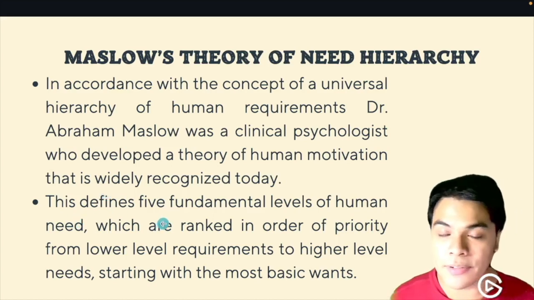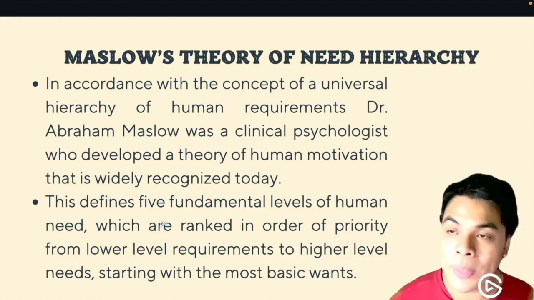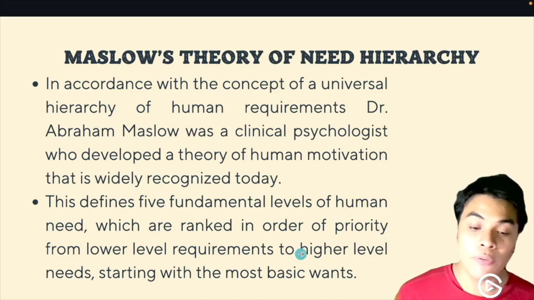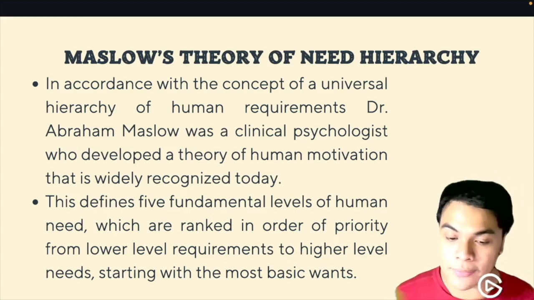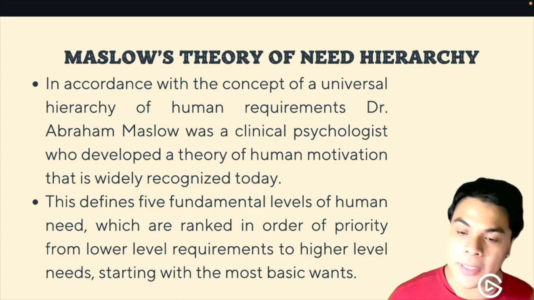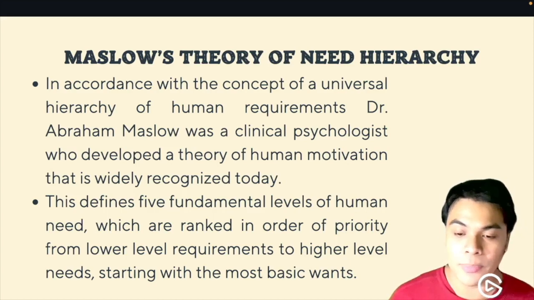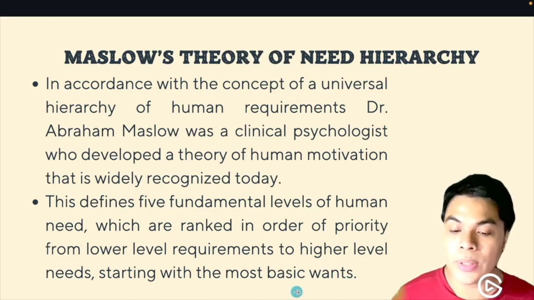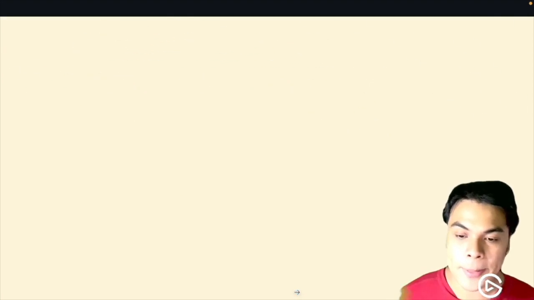Now, this defines the 5 fundamental levels of human need, which are ranked in order of priority from lower level to higher level, which means that we will always start from the bottom. Yan, no? Starting with the most basic ones.